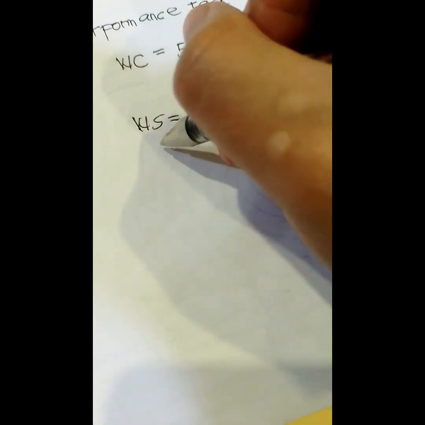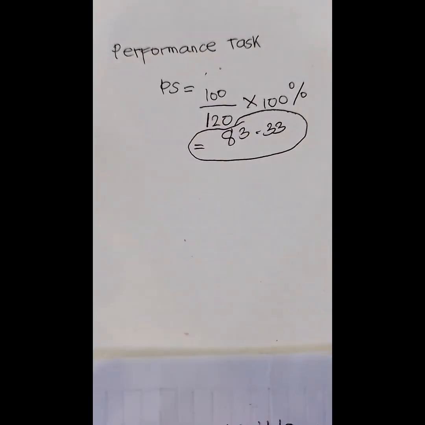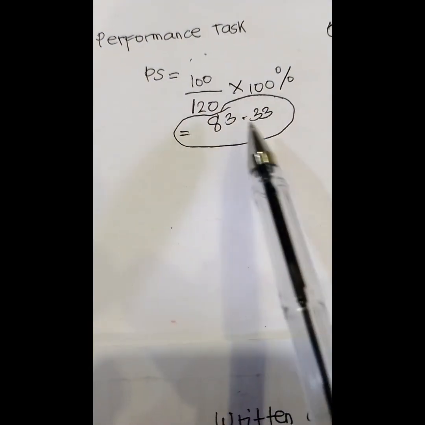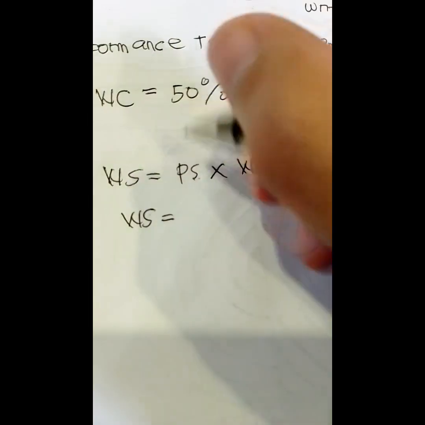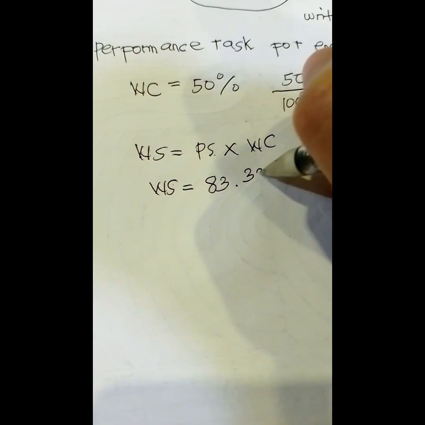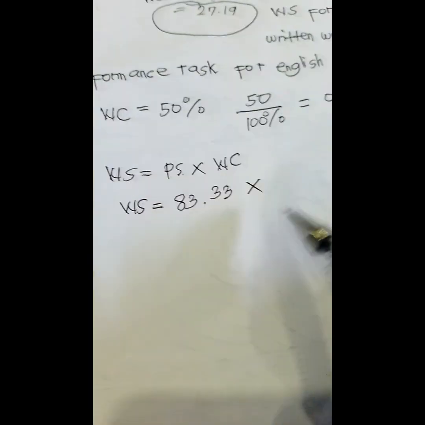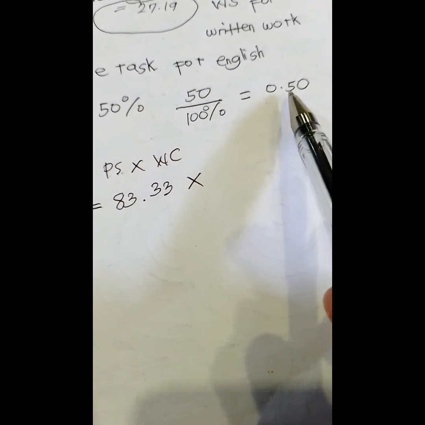Weighted score, the percentage score in performance task is 83.33. We put here 83.33 multiplied by the weight of the component in performance task, which is 0.50 because we converted that one.